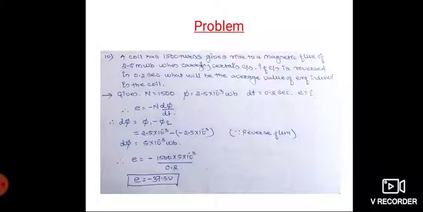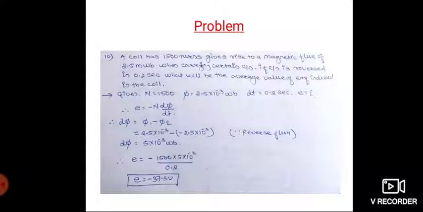So given N is 1500 turns, whereas the flux is 2.5 into 10 raised to minus 3 Weber, whereas the change in time dt is equal to 0.2 second. So we have to find out E is equal to what? That is, what is the EMF induced?